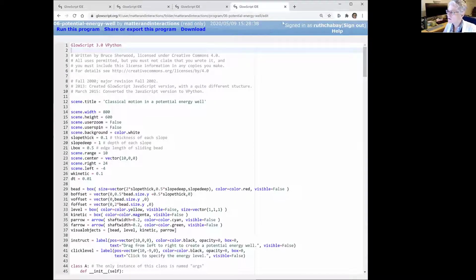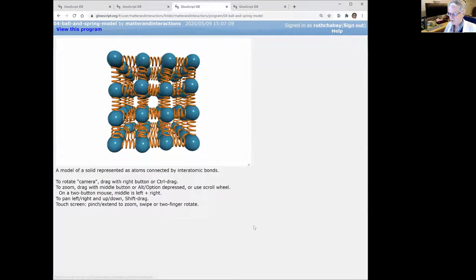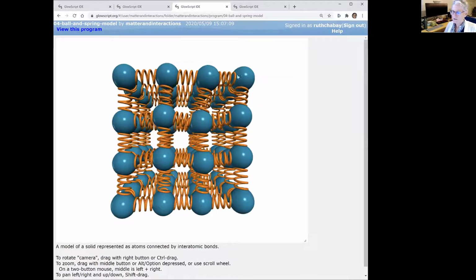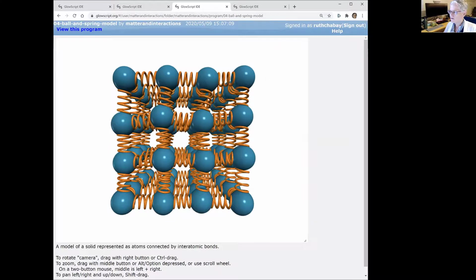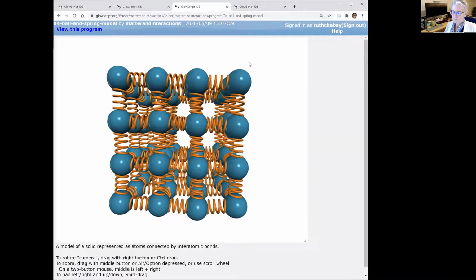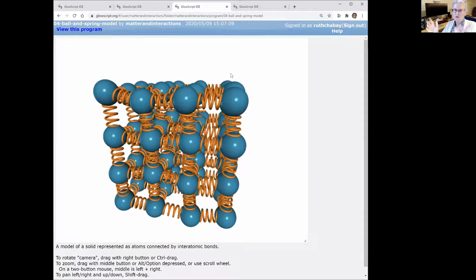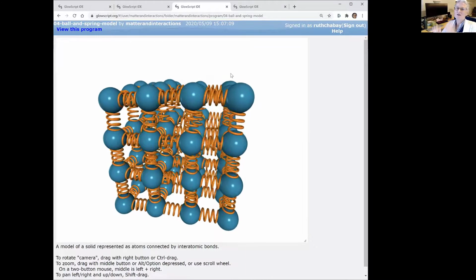And here's what we're talking about. So here's our ball-spring model of a solid. Up to now, we haven't really paid very much attention to the fact that these atoms, the balls represent atoms, the springs represent bonds, aren't necessarily sitting still.